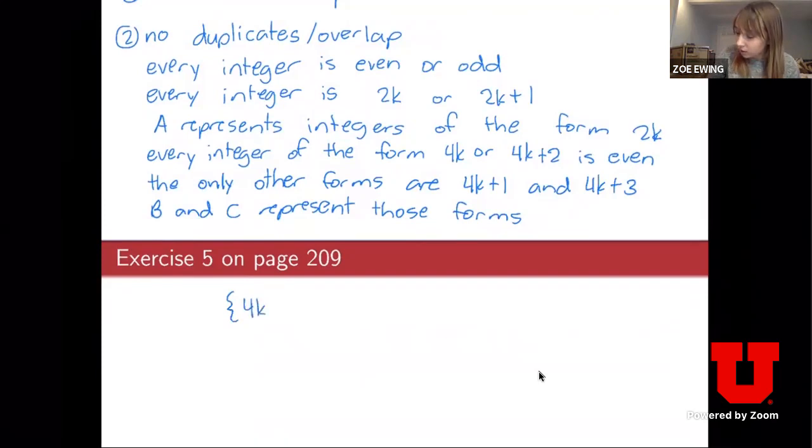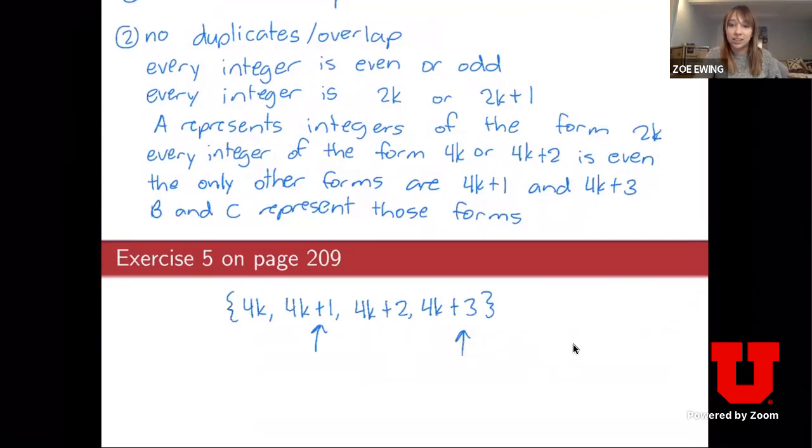We know that 4k, 4k plus 1, 4k plus 2, and 4k plus 3 is already a partition of all integers, because we've got everything that's divisible by 4, with a remainder of 1, with a remainder of 2, and with a remainder of 3. And that's going to be the case for every single integer. For 3, it's going to be 3k, 3k plus 1, and 3k plus 2. So since these are already a partition, we already know that there's no overlap there. Does that make sense? Yes, thank you so much.